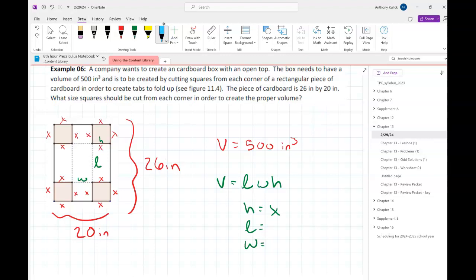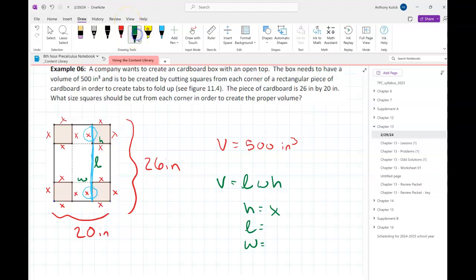What's the length going to be? So again, this is our length. Let me give you a hint. How far is this? 26. Do we want to count all of the 26? No, we don't want to count that part or that part, right?